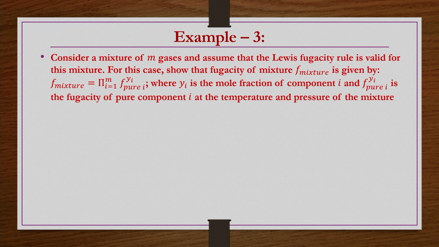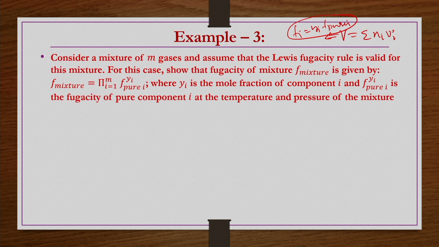Okay. Then another example problem. Consider a mixture of m gases and assume that the Lewis-fugacity rule is valid, that is capital V equals sigma n_i v_i, or f_i equals y_i f pure i.